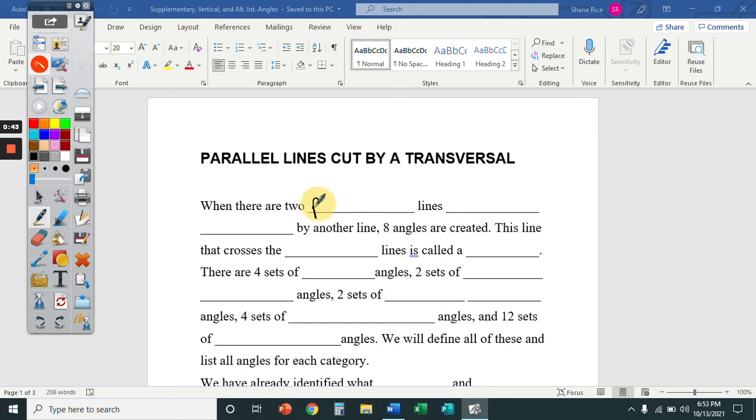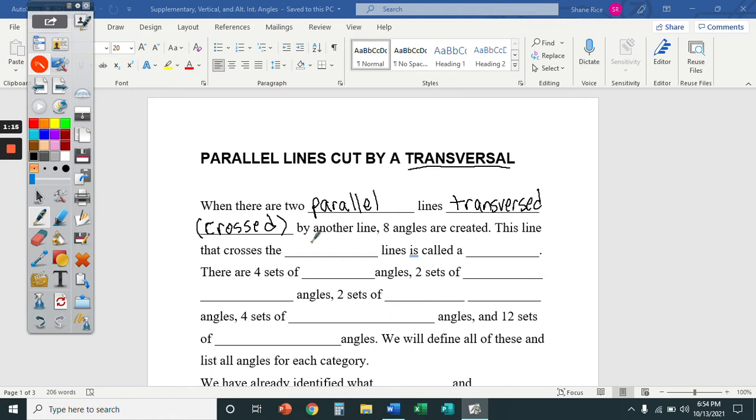When there are two parallel lines that are transversed, which means crossed, by another line, that's what a transversal is. It's a line that crosses two parallel lines. So don't let that word mess with your head. 8 angles are created.